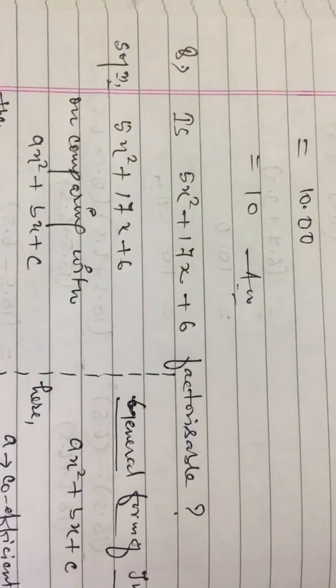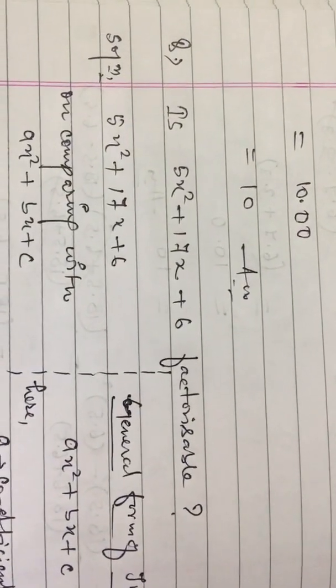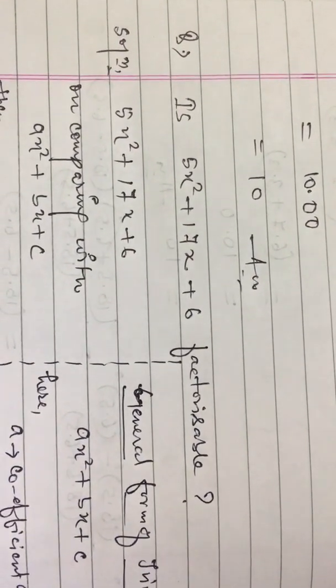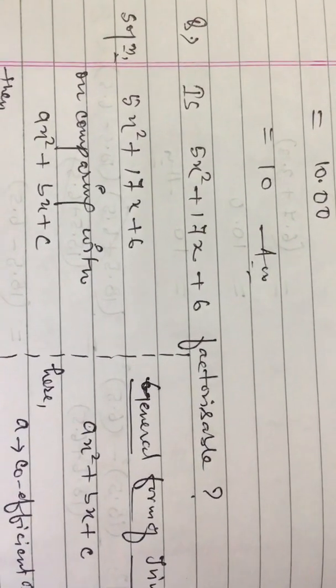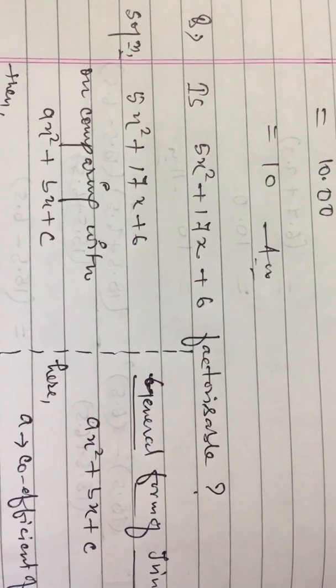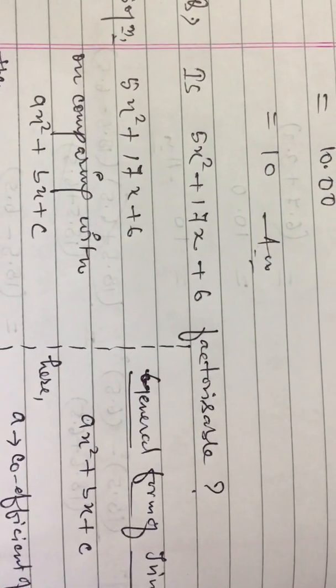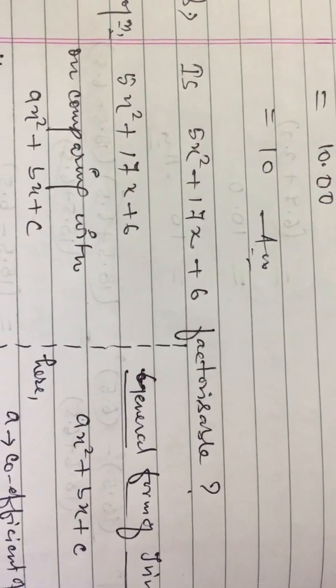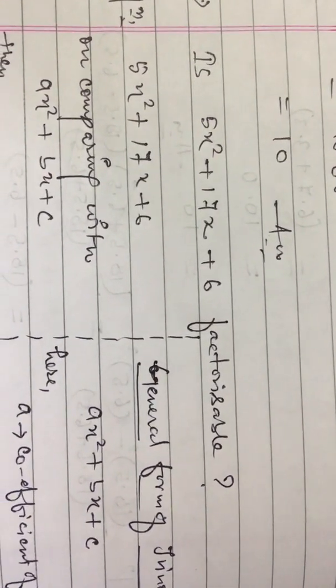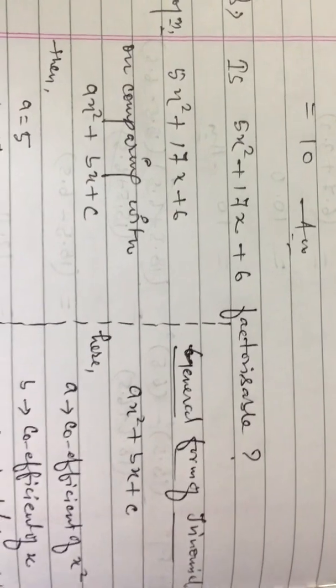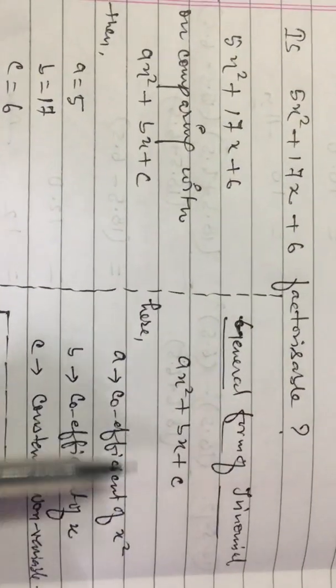See one more question. Is 5x square plus 17x plus 6 factorizable or not? The question is asking, is it factorizable? I think it is type 3, factorization of trinomials by splitting the middle term. In type 3, the expression is always in general form.